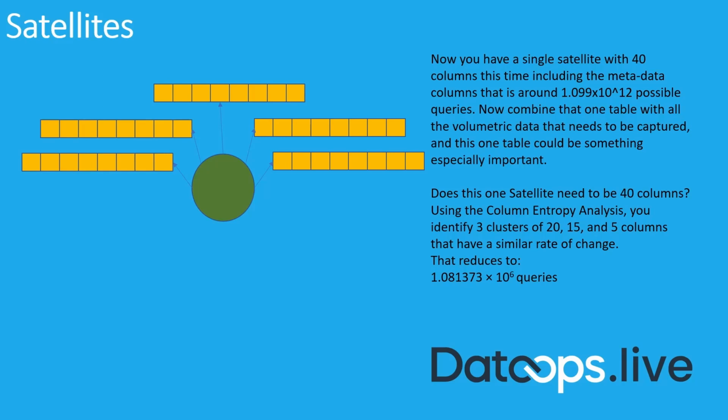What does that mean? Chances are, if you have one really wide 40-column satellite table, it's going to be very long and it's going to take up a lot of space. It could be gigs, terabytes, what have you. If you break it apart into various rates of change with the 20 columns, 5 columns, and 15 columns, those 3 individual tables, I claim, will be smaller cumulatively than the one satellite that has 40 columns.